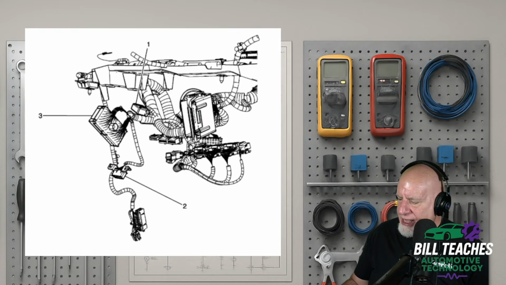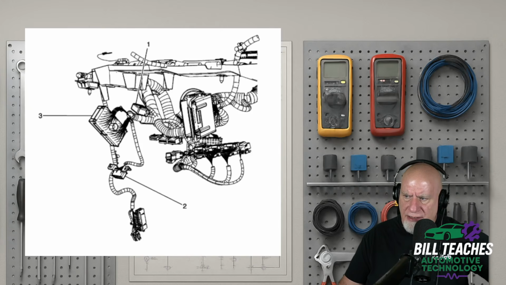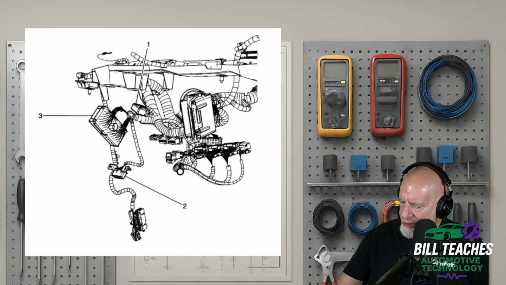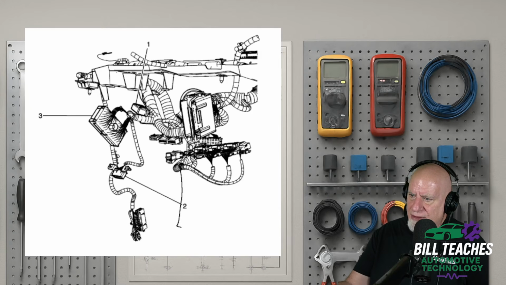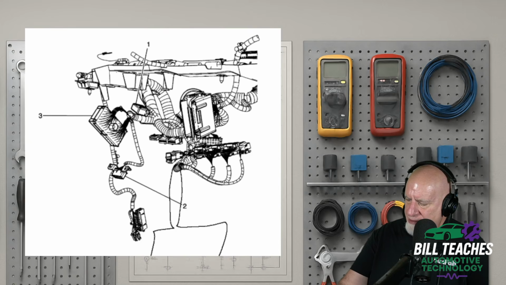All right, so Splice Pack 205, what we're looking at here, this is the left side, the driver's side of the vehicle. The brake pedal would be about right here, the foot brake pedal. The parking brake pedal would be, of course, right in this area.